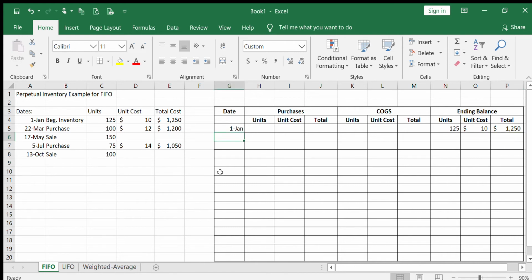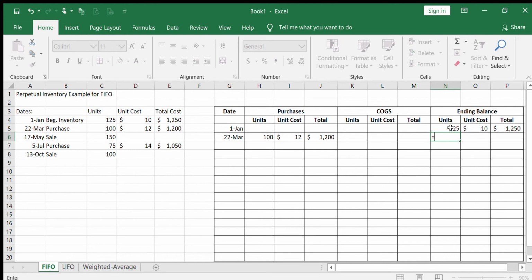So the next thing we're going to do is we're going to purchase some more inventory. We're going to buy 100 more units at $12. So this will give us a cost of $1,200. And so again, our ending balance is going to be a reflection of all the inventory we have.